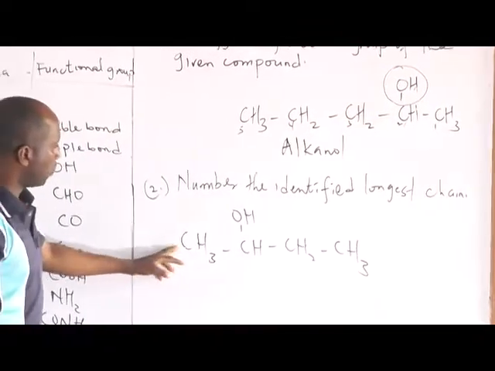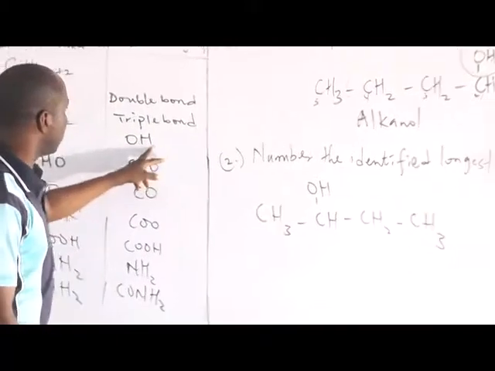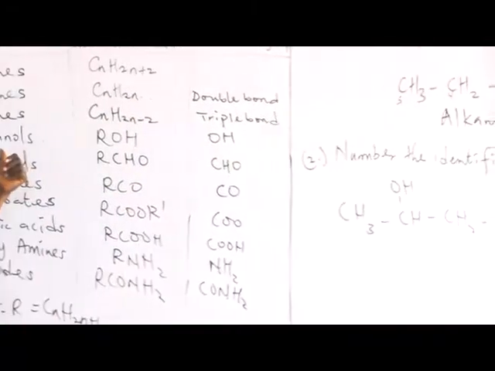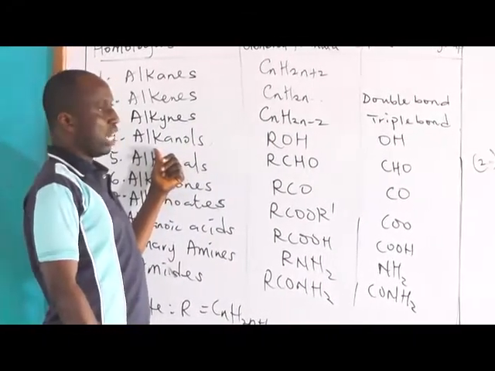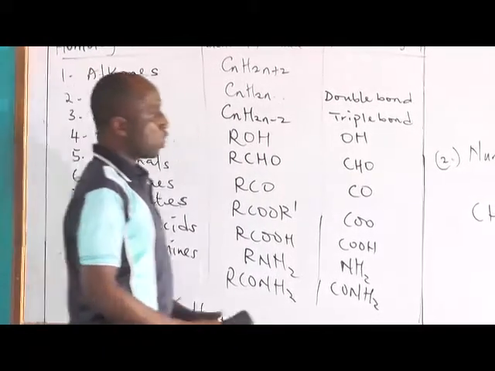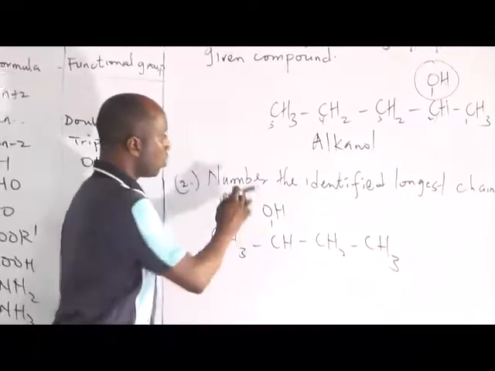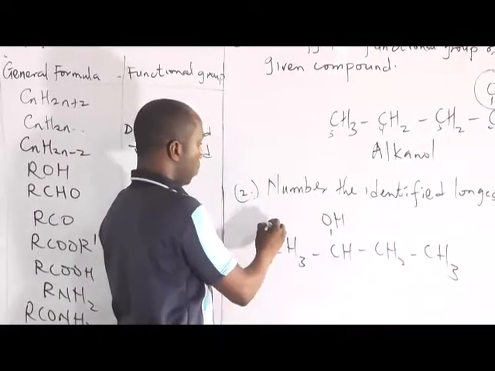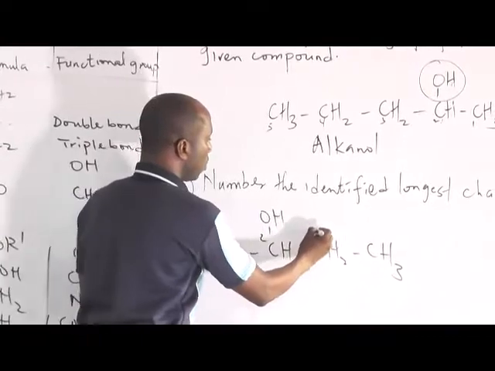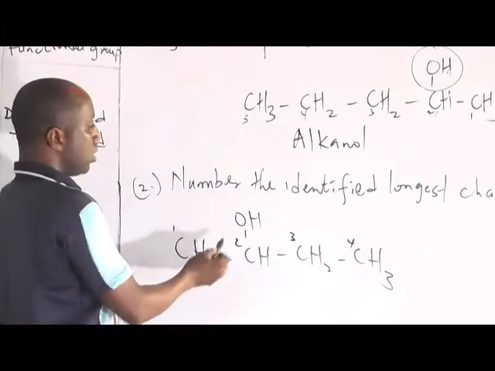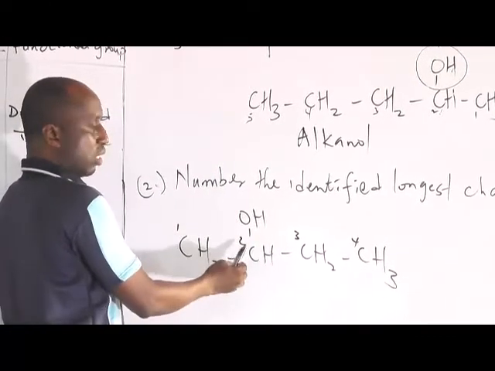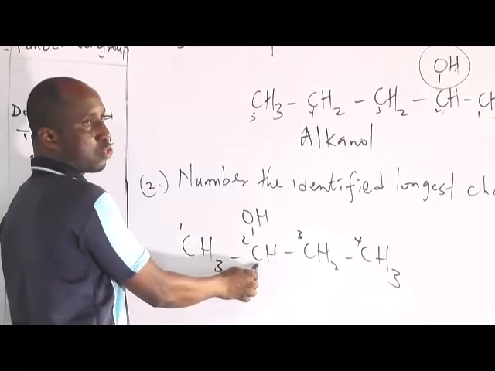Looking at this compound now, there is presence of OH there, which means that it belongs to the alkanol group, the alkanol family. Now going to rule number 2 now, to number the identified longest chain, you start by saying 1, 2, 3, 4. The forward numbering is telling us that the OH is attached to carbon number 2.